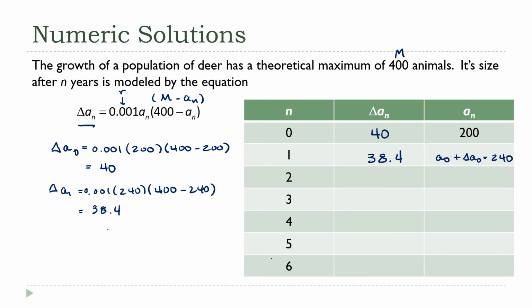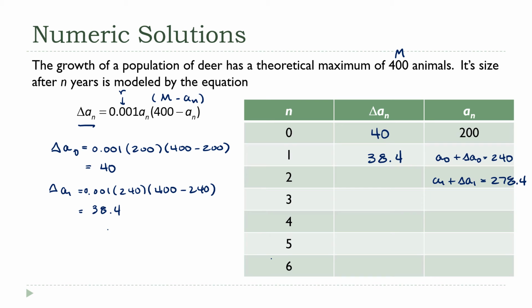The population got a little bigger, so the growth slowed down. It's not as much as it was before. So now I can get A sub 2. This is A sub 1 plus delta A sub 1, which is 278.4.